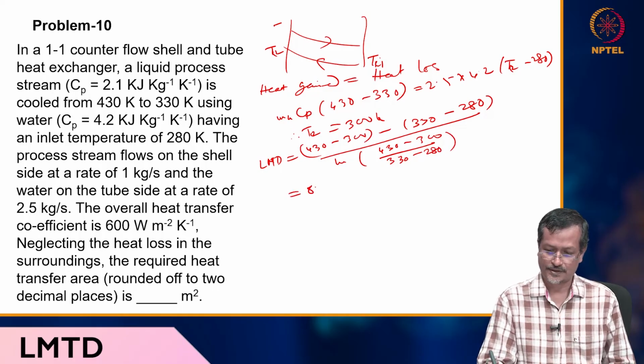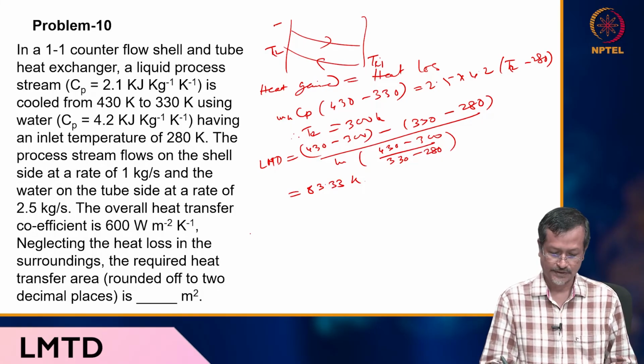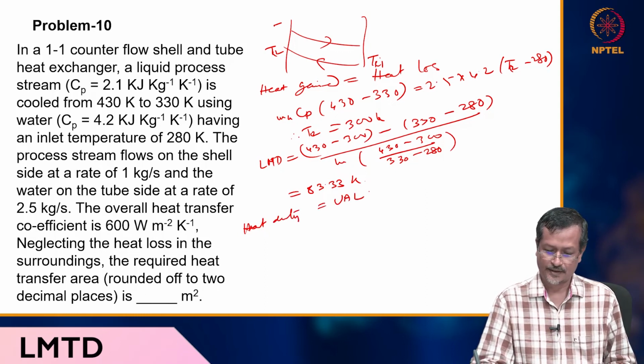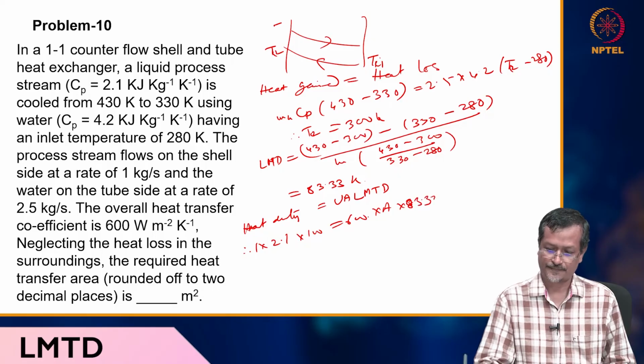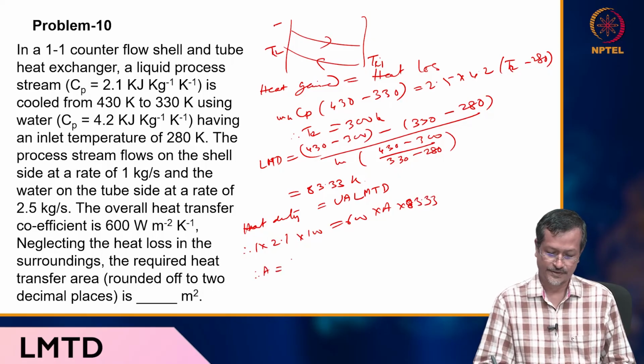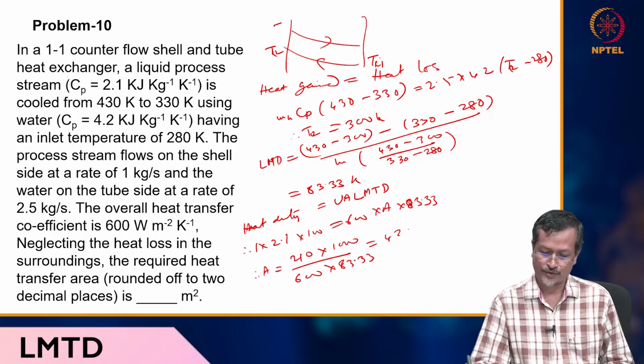So it is becoming 83.33 K. So heat duty equals U A LMTD. So therefore 1 into 2.1 into 100 equals 600 into A into 83.33. Therefore A equals 210 into 1000 by 600 into 83.33, so 4.20 meters square.